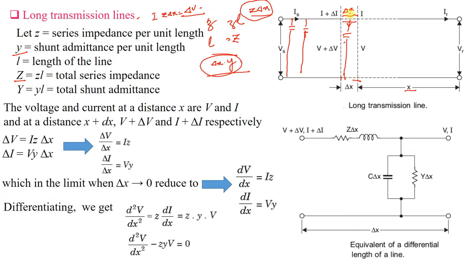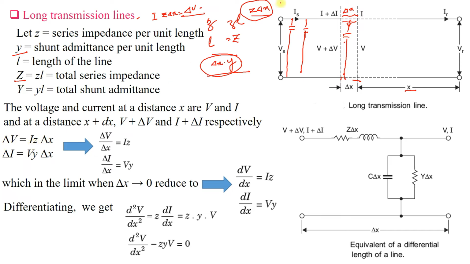Because of that change in length, the additional voltage drop will be, here you can see that Vs, the sending end voltage, is given by VR plus the drop across all this impedance. So the drop across this infinitesimally small portion of the transmission line will be delta V, equal to I z into delta x.